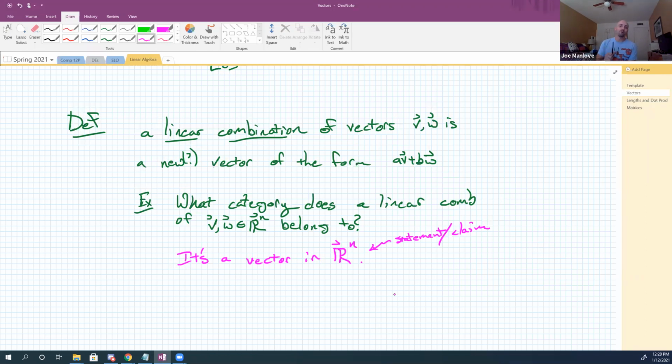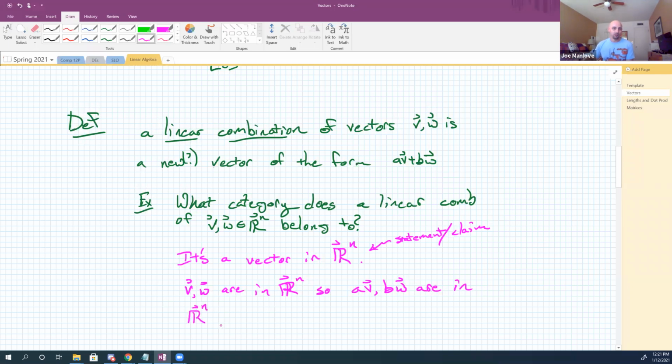But why would Shane believe that this is the case? Because both the original vectors are in Rn and nothing's changing that. Okay, yeah. So the explanation that I would like is something along the lines of v and w are in Rn. So av and bw are in Rn. And maybe a since, if that's not obvious.